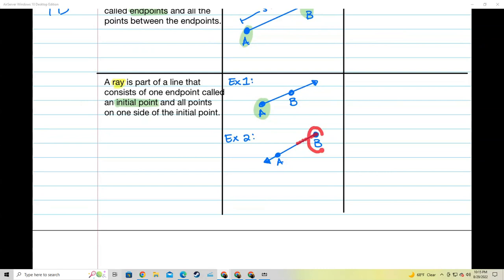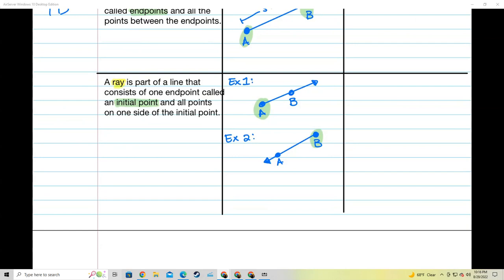So this is an endpoint, and as we mentioned, if it's an endpoint on a ray, then we also call it an initial point. That means I can highlight letter B because it is considered an initial point. That's weird that we call it an endpoint and an initial point for a ray, but it makes sense once we start showing you in the next couple of seconds.